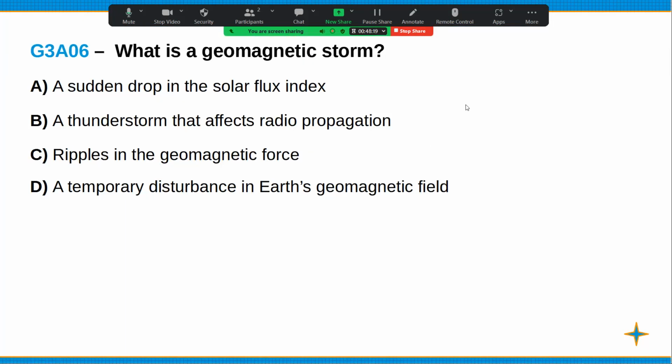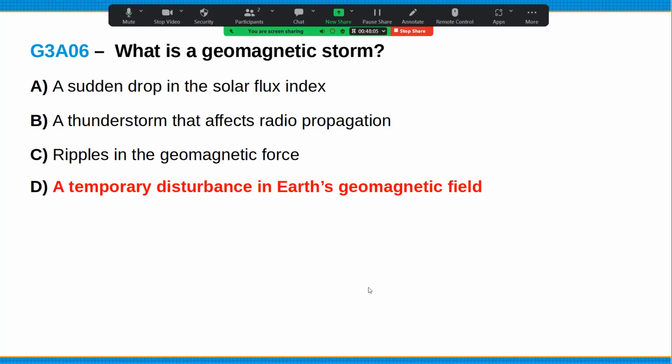What is a geomagnetic storm? Temporary disturbance to the magnetosphere. Right. It may or may not cause an ionospheric disturbance.